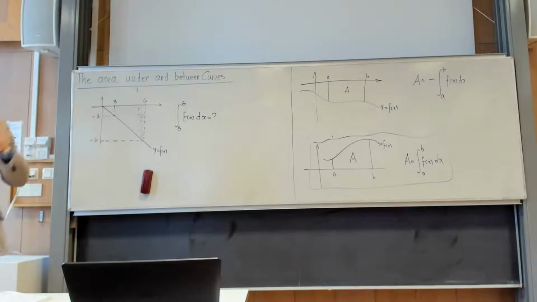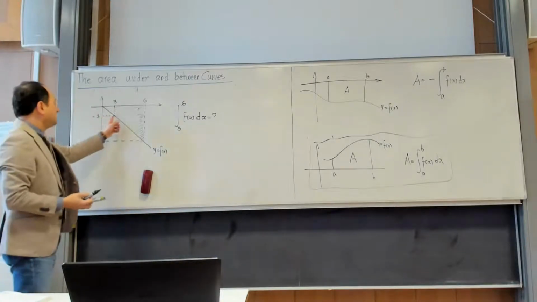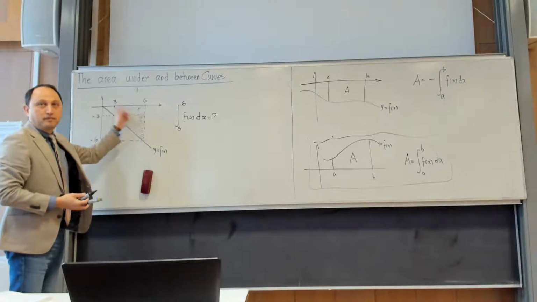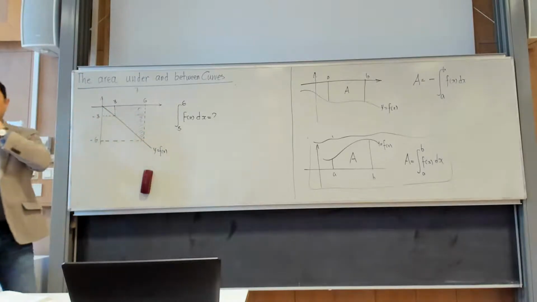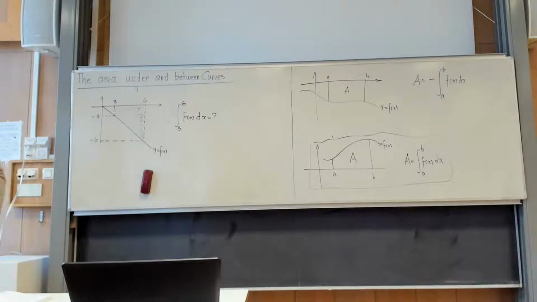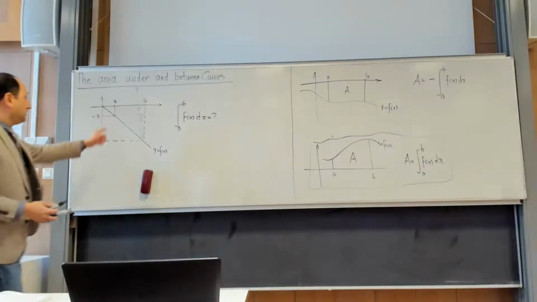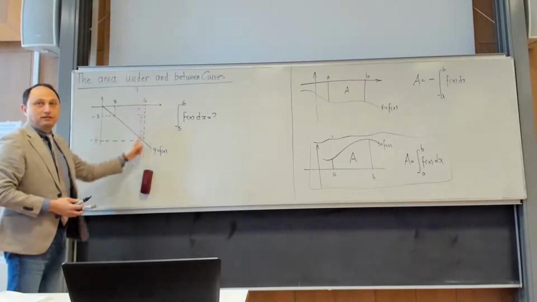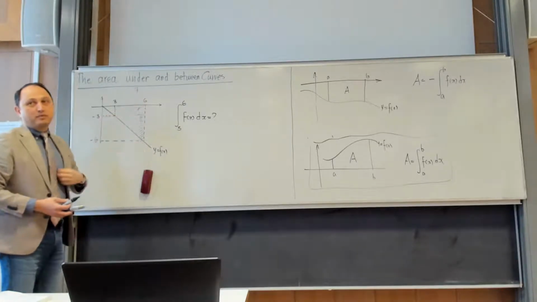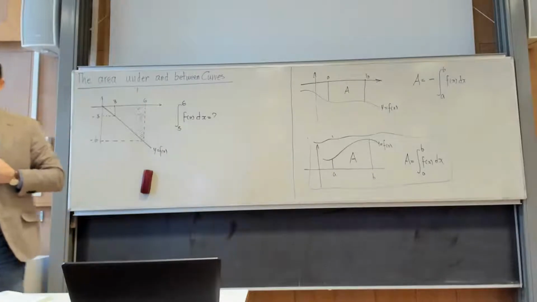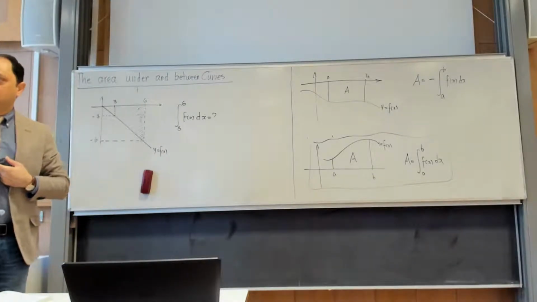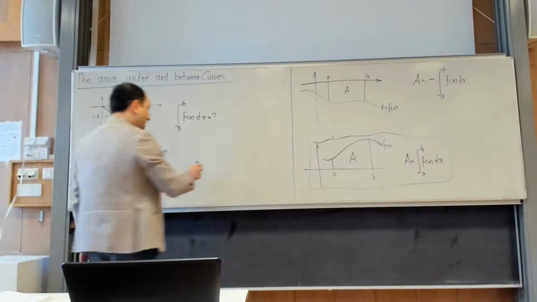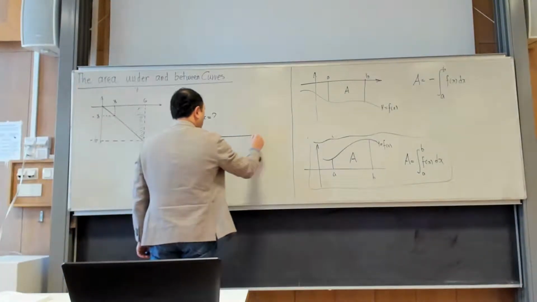And if you have a little bit more formulas in your head, what is this quadrilateral called? Do you remember the name? A quadrilateral is a shape with 4 sides, but 2 of them are parallel. This is called a trapezoid. Okay, and what is the area of the trapezoid? Have you ever seen that? Is it even in the formula sheet or not? So a trapezoid is a quadrilateral like this.